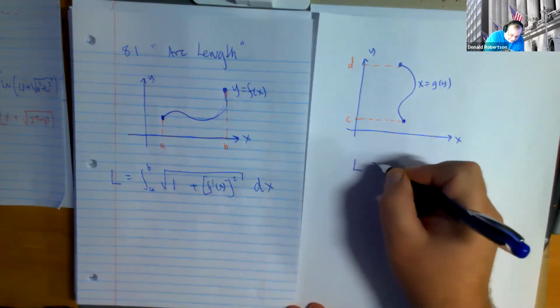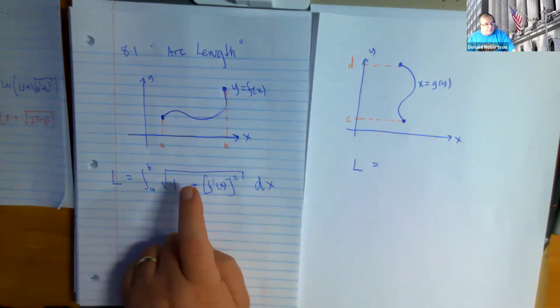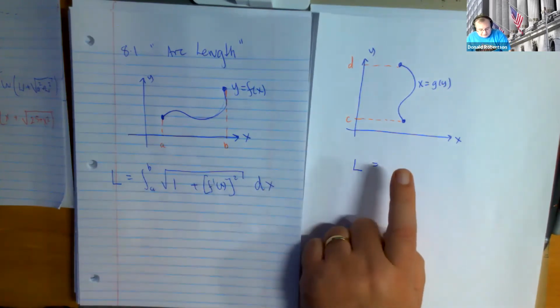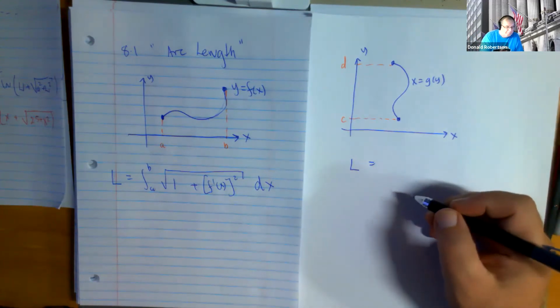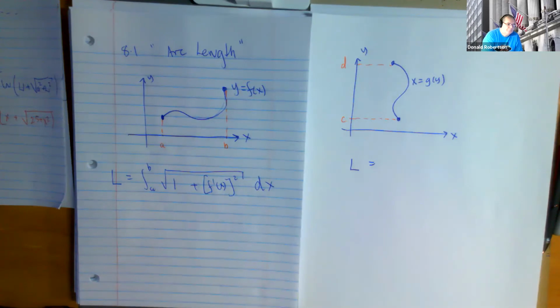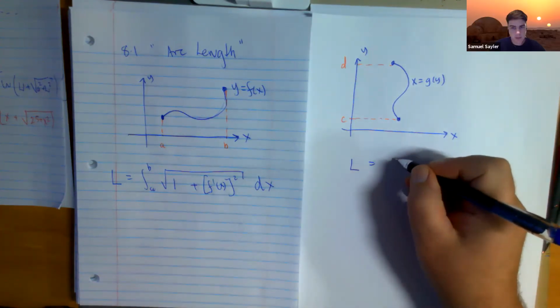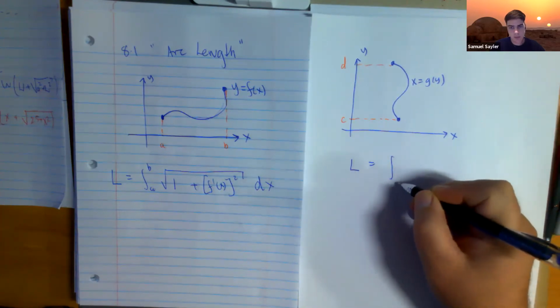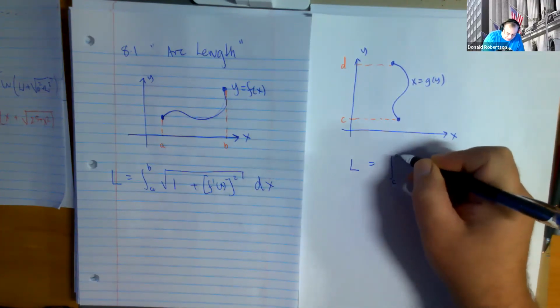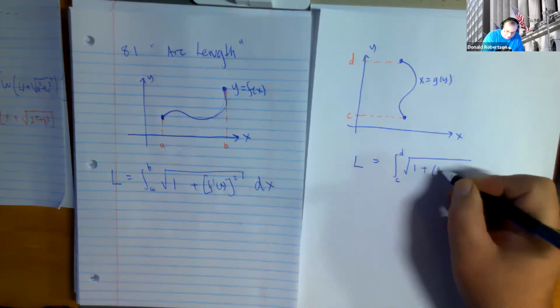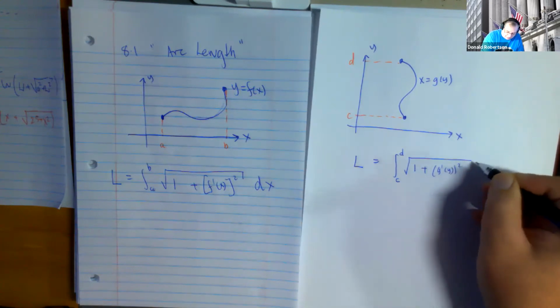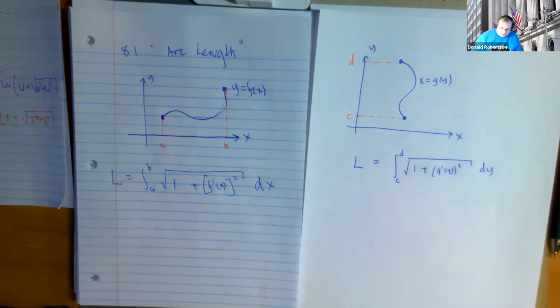What do you think, based on the fact I've told you what this formula is, what do you think this thing looks like? Replace x with y. Okay, so integral from c to d, square root of 1 plus g dashed of y squared dy.